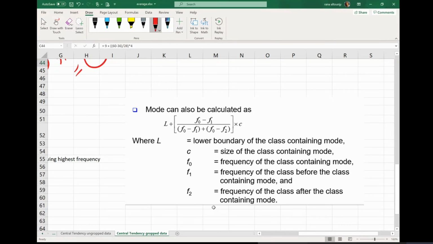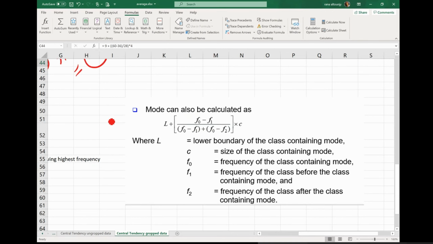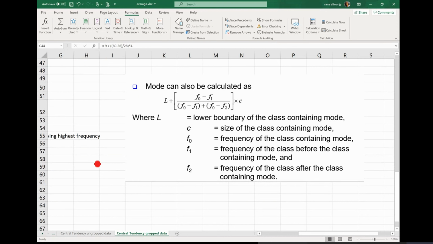To calculate the mode of the grouped data, you have to use this equation. Sorry, my drawing is bad. What is the information in this equation?